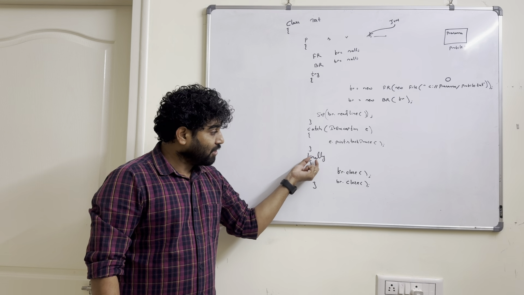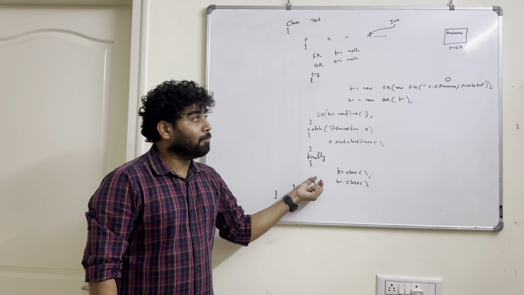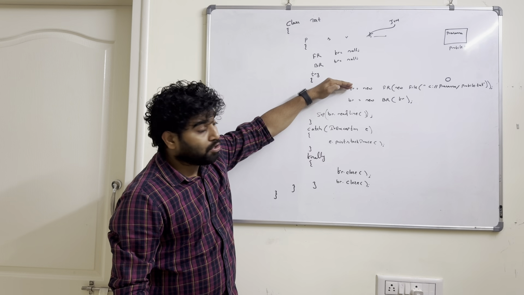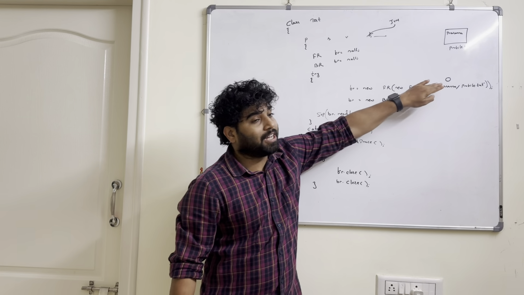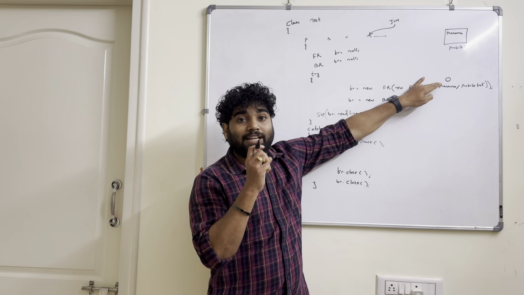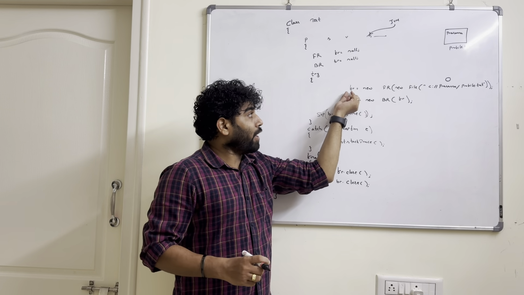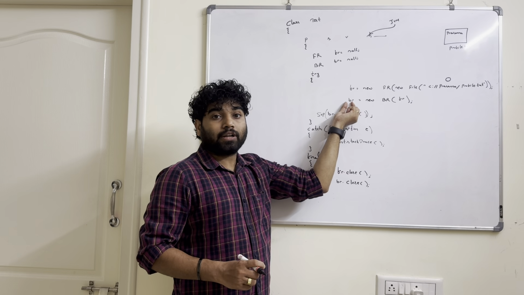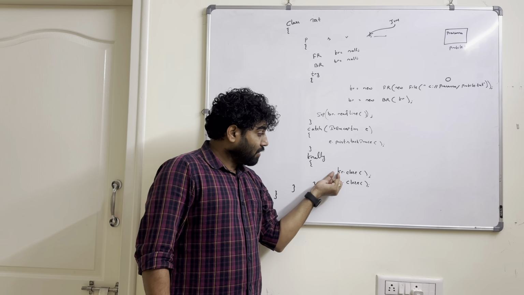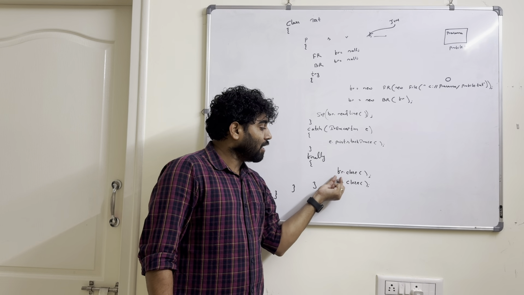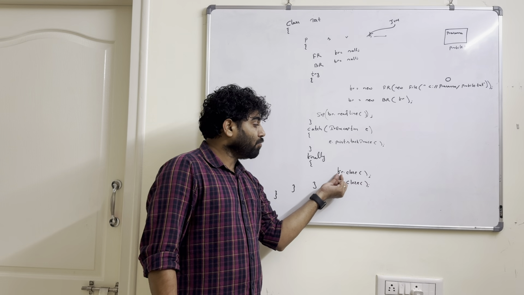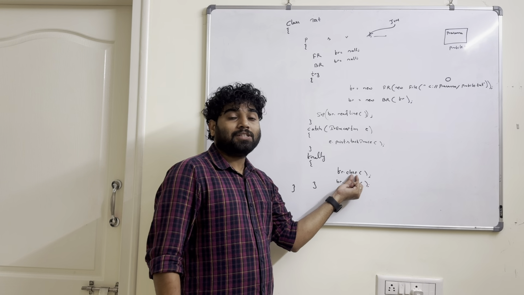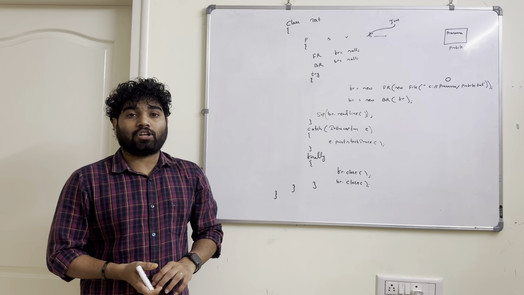But while executing this finally block, the file reader object and buffer reader object were not created because some exception occurred, right? That means at this time the file reader object and buffer reader object value is nothing but null. Then if it calls this method on top of this null, again it will throw a null pointer exception.